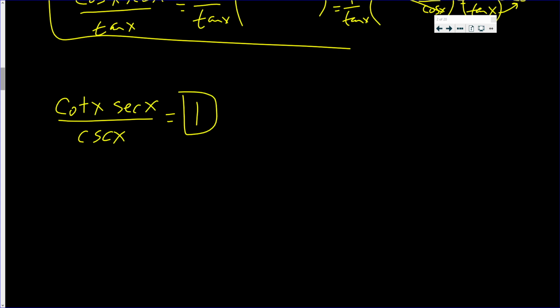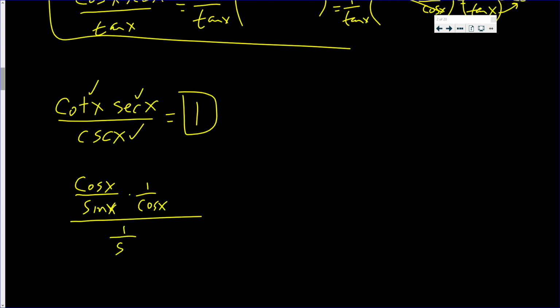All right, everything in terms of sines and cosines. Cotangent x is cosine x over sine x times secant x is 1 over cosine x over cosecant is 1 over sine x.